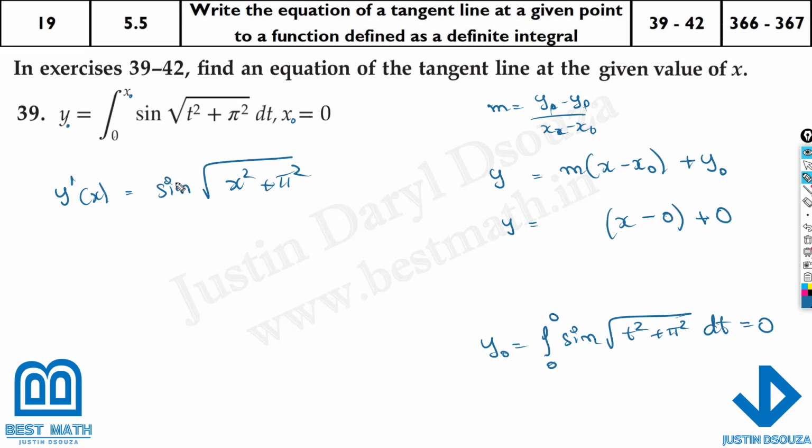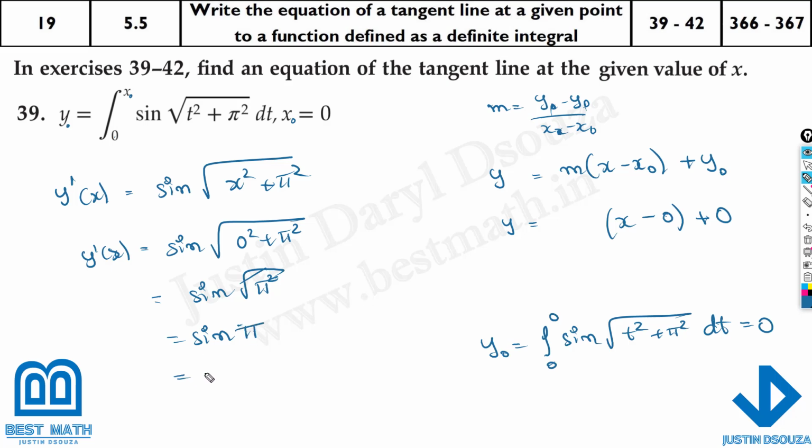Now what we want is m at this point x naught. So you need to substitute the value 0 here. So y dash of x is equal to sine of the square root of 0 squared plus pi squared. Now it's basically sine pi. Over here 0 squared is 0, and the square root of pi squared cancels, so you will have sine pi, and that is equal to 0, isn't it?